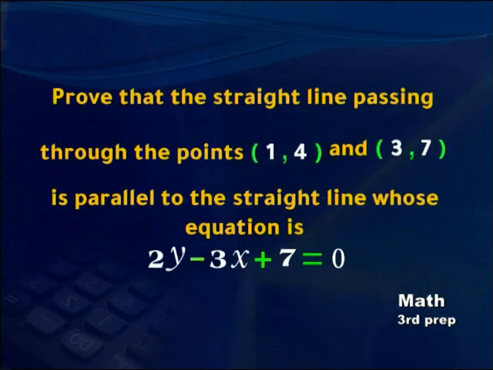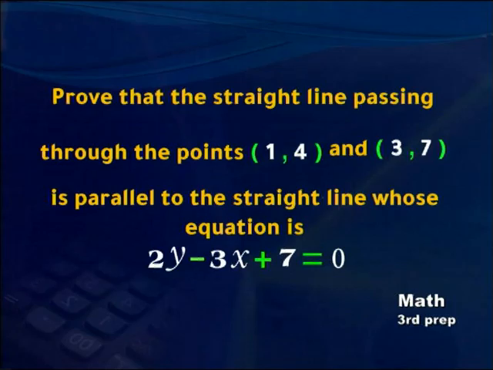The straight line passing through the points (1, 4) and (3, 7) is parallel to the straight line whose equation is 2y minus 3x plus 7 equals 0. To prove that two straight lines are parallel, you have to prove that their slopes are equal.